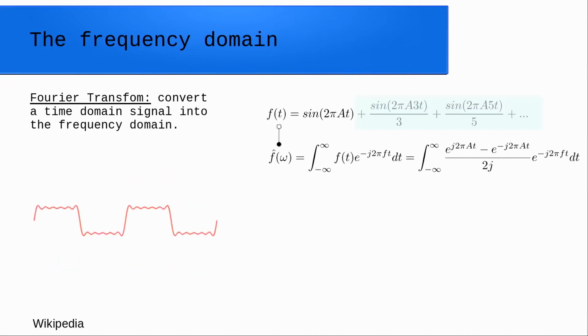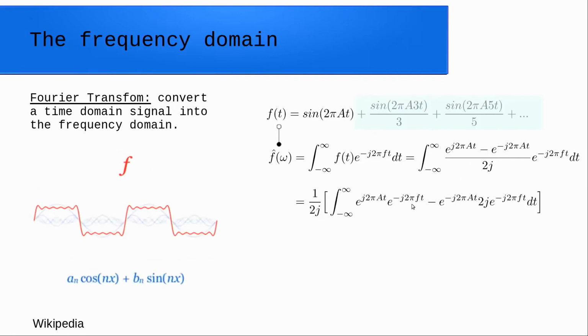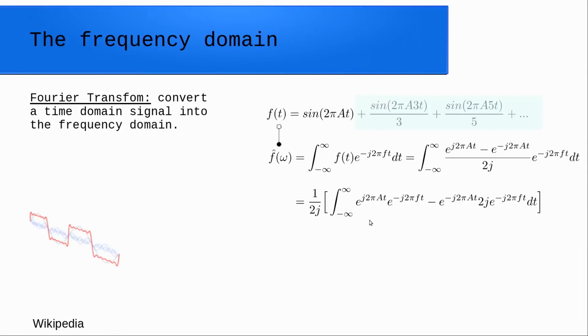We use again the polar form here, which then ends up in a multiplication of these components, and the integral of this multiplication then ends up in delta impulses at a frequency here of a and minus a.